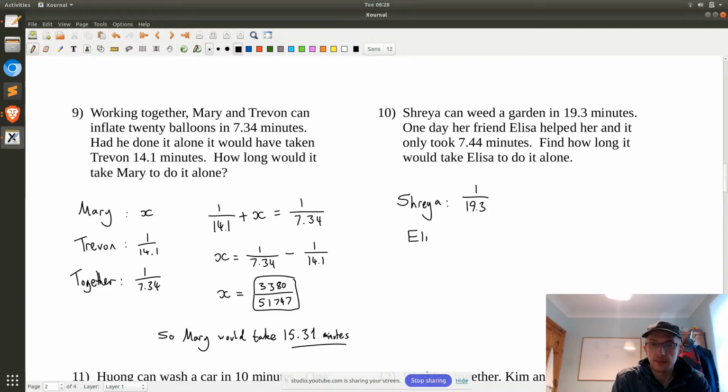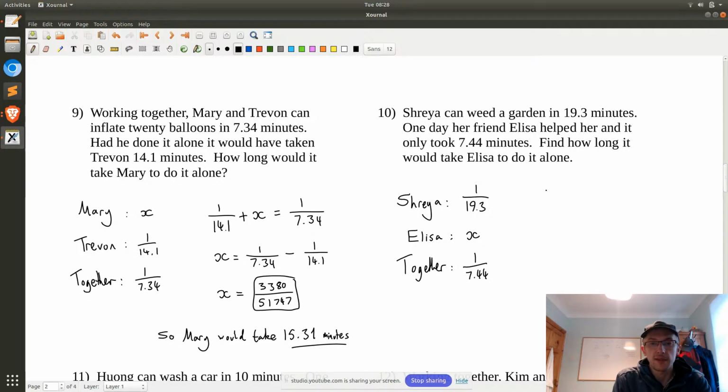Okay, so Elisa's speed, we don't know. We say x. Together, they took 7.44 minutes. So their combined speed is one whole garden in 7.44 minutes. Great. How long would it take Elisa to do it alone?